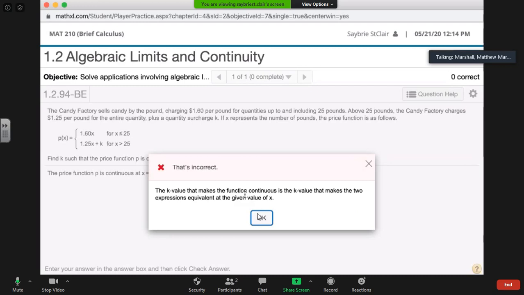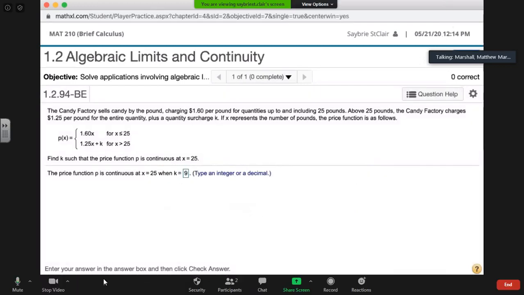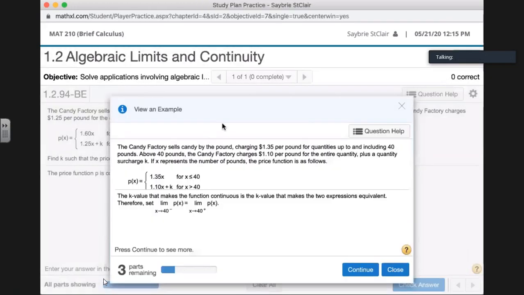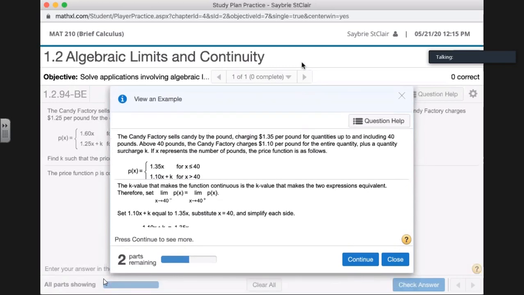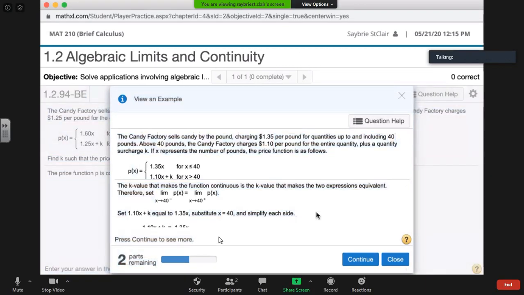Alright, is there an explanation to this one? Let's check that out. Yes, I can see that. That's about all you can see right there.